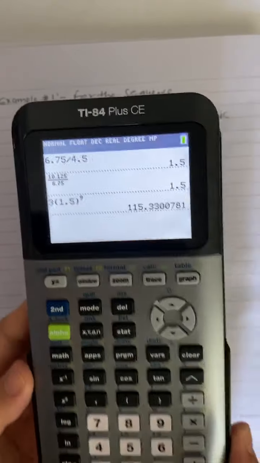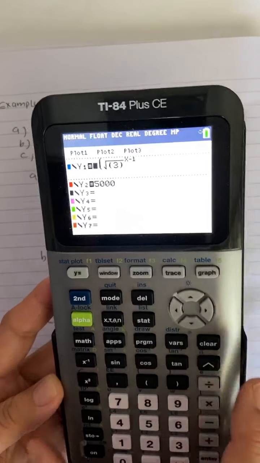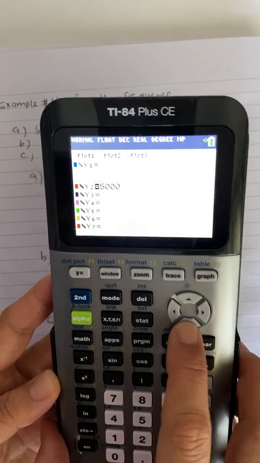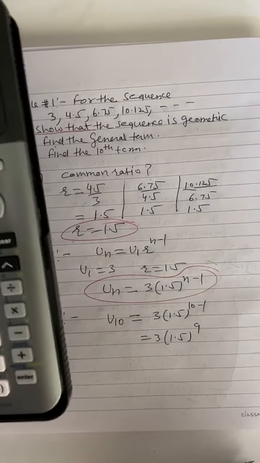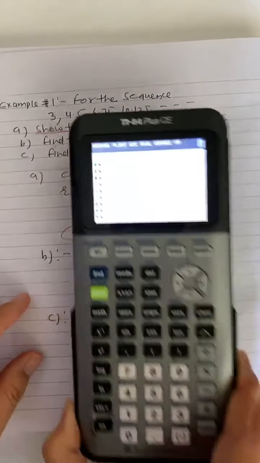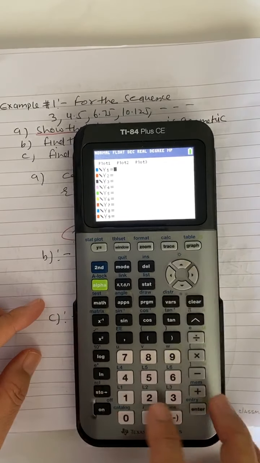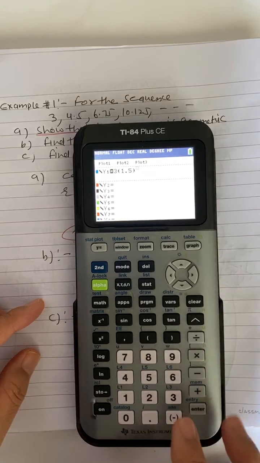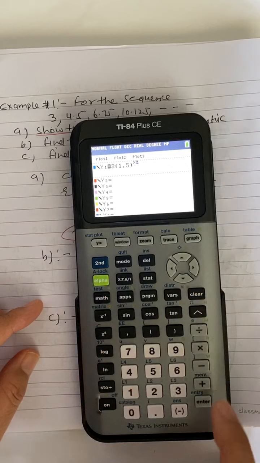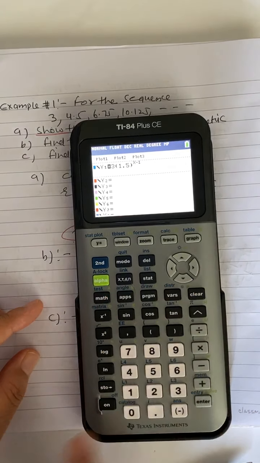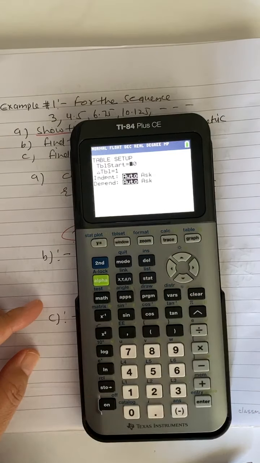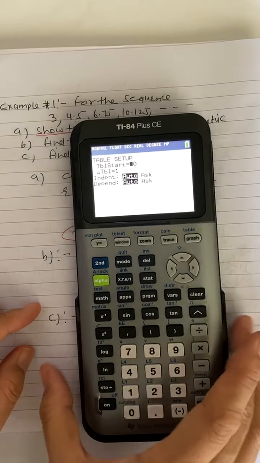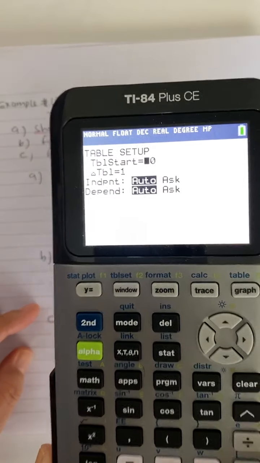Or what else you can do here is substitute this as y1. So I can substitute y1 as the rule which we got, 1.5 to the power of x minus 1, using x instead of n. Then I can go to table set, and start my table at 10 since they are asking you to find u10.